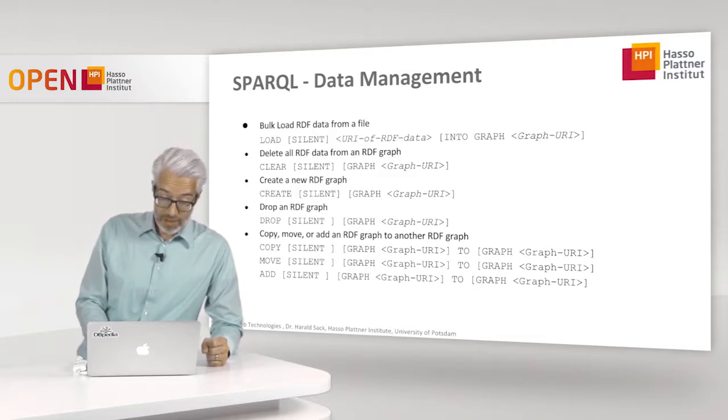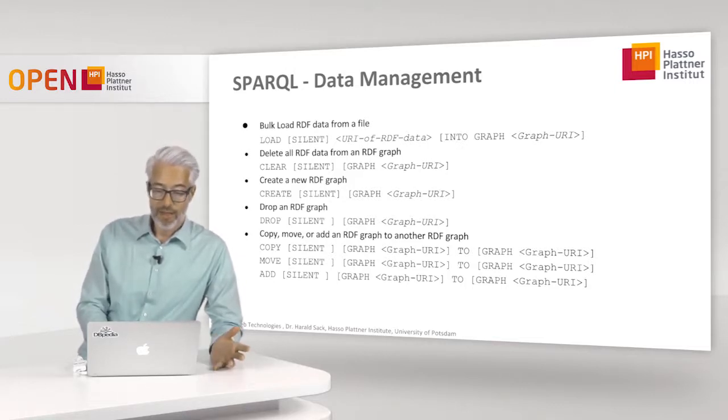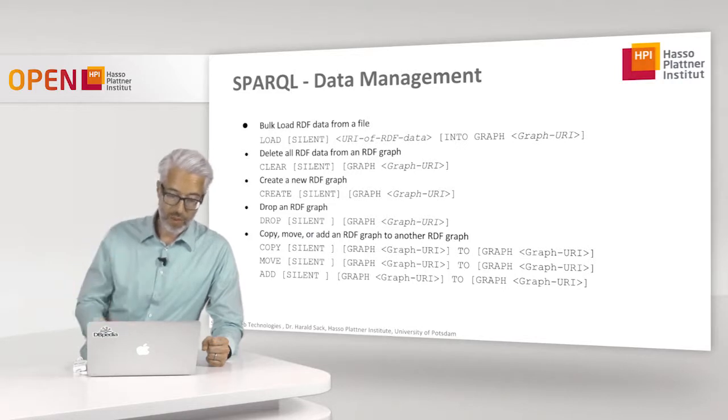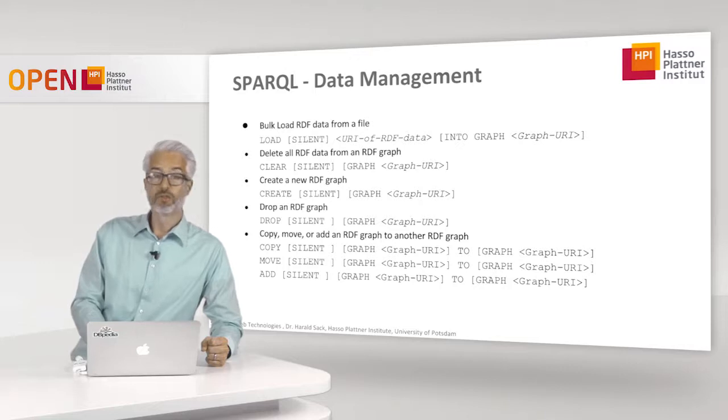So similar works the delete statement. If you want to delete the content, it means all the RDF data within a graph, you simply say clear, and then you specify the graph you want to delete the data from. In the other way around, you also can create a graph with the command create, and you can drop a graph.